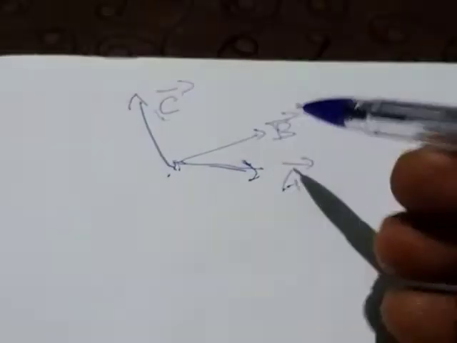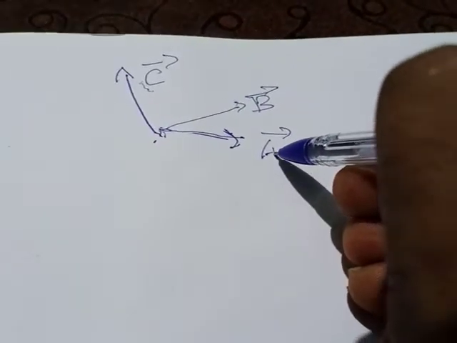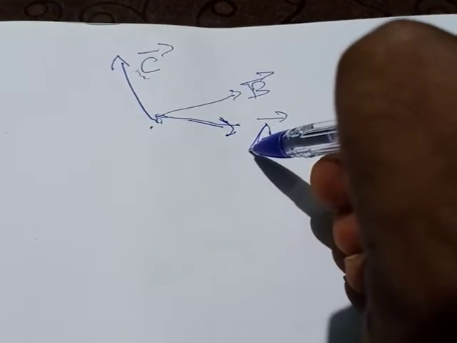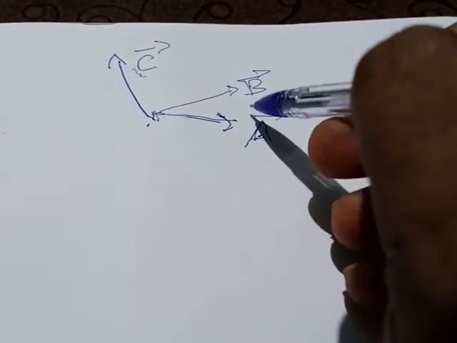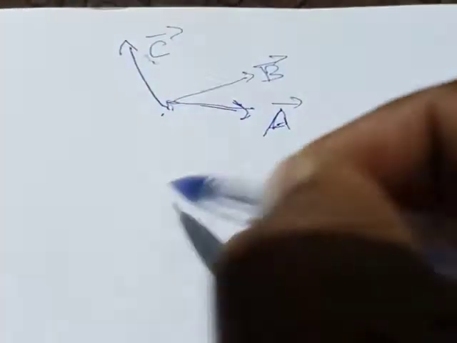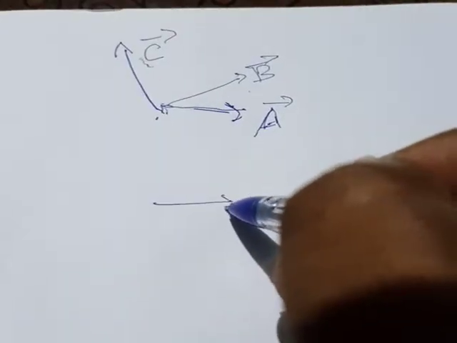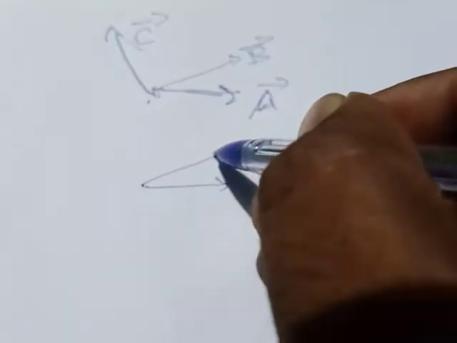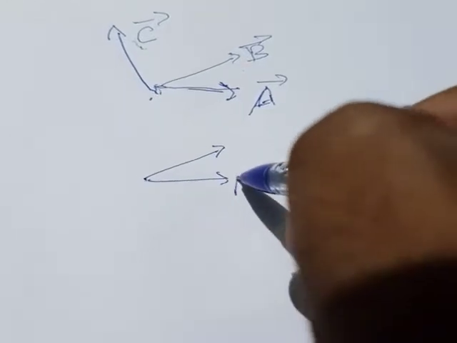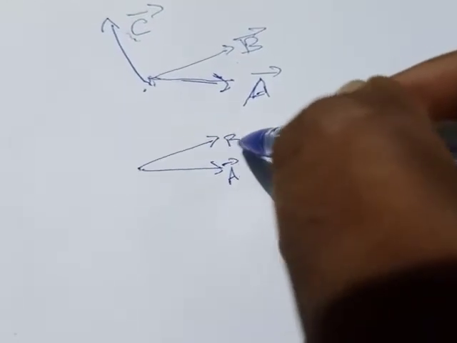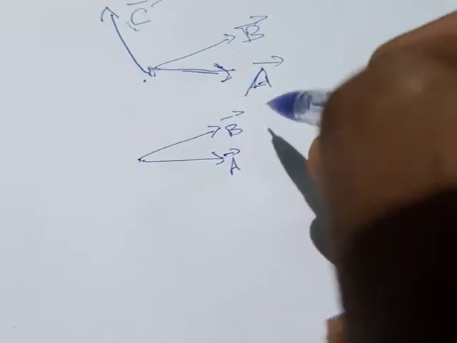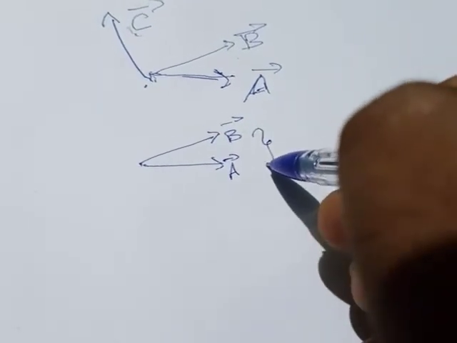You can see two vectors, A vector and B vector. One vector is in one direction, another vector is in another direction. So this is A vector, this is B vector. So the resultant of these two vectors will be another vector which is called C vector.